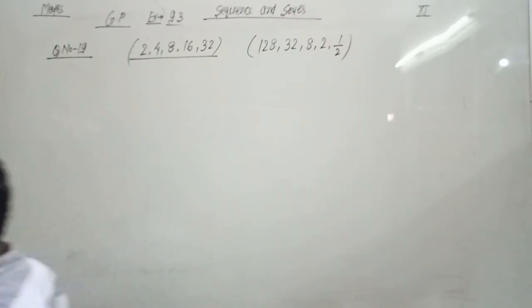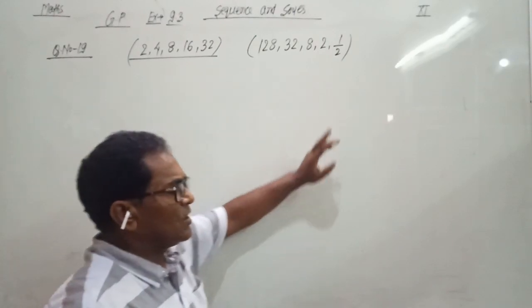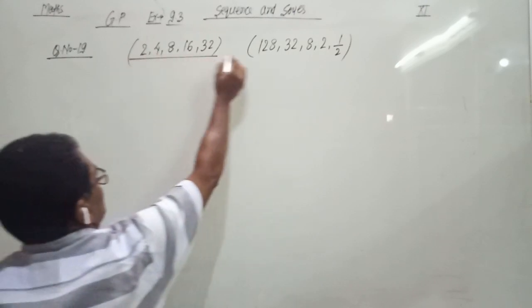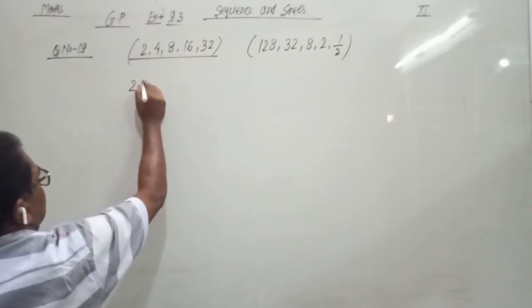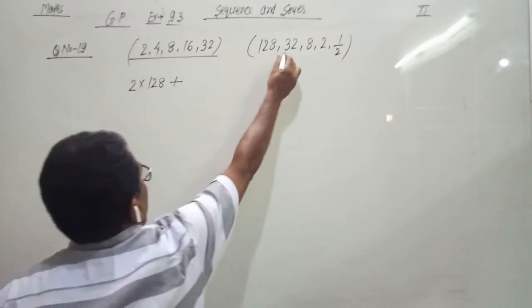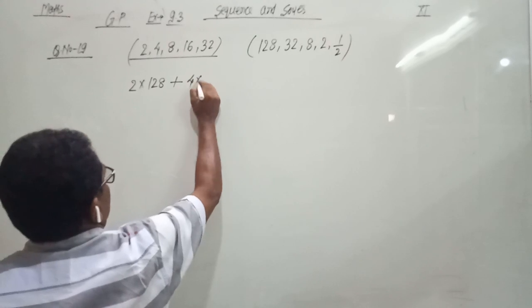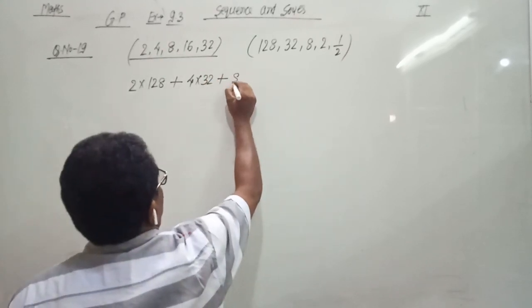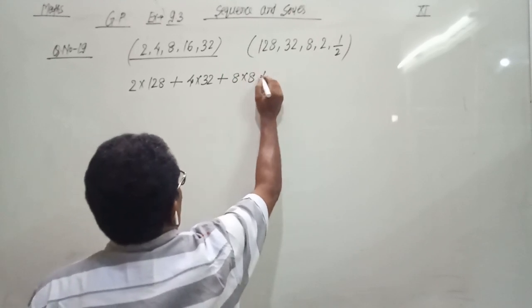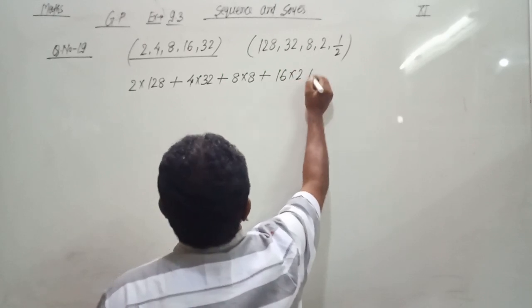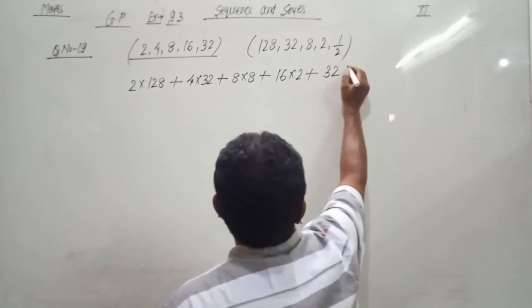So we have to find the sum of the products of the corresponding terms. So 2 into 128, plus 4 into 32, plus 8 into 8, plus 16 into 2, plus 32 into 1 by 2.